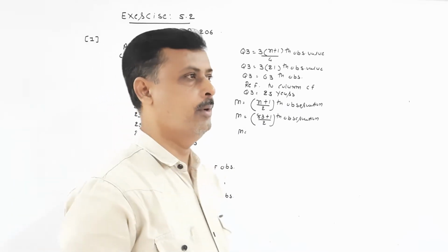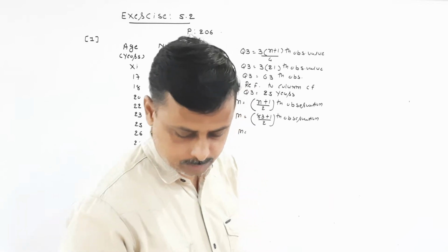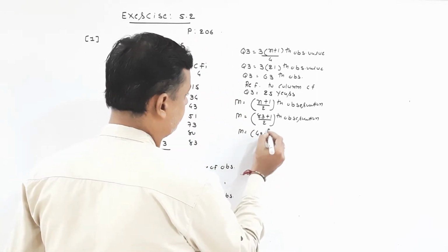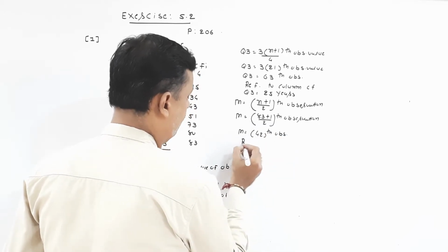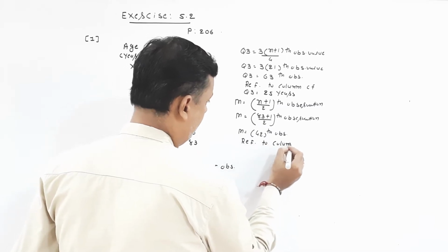So 83 plus 1, 84. 84 divided by 2, that is 42. Now referring to column CF.